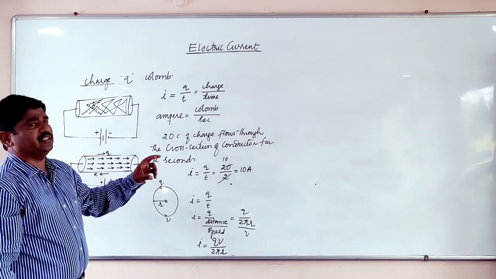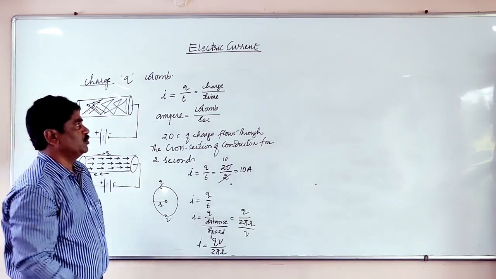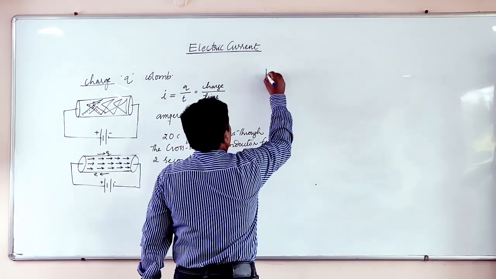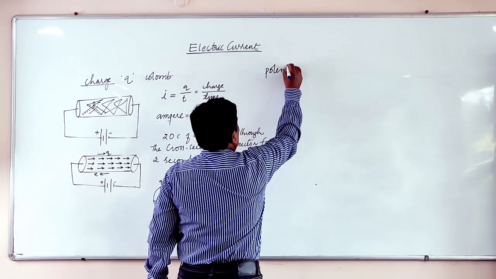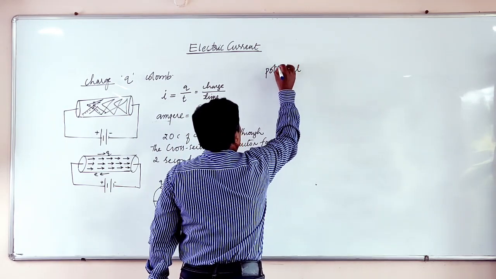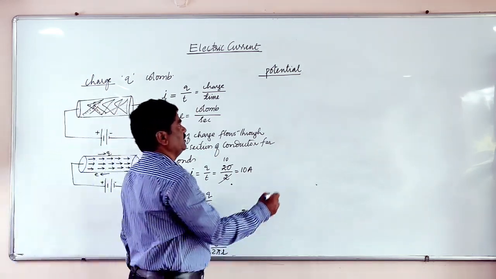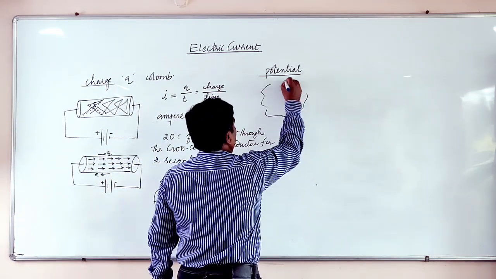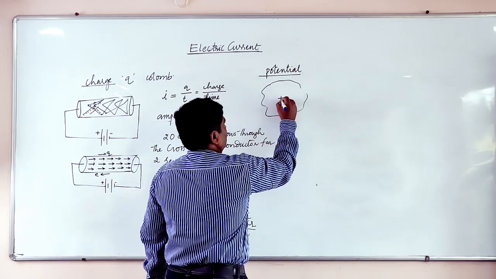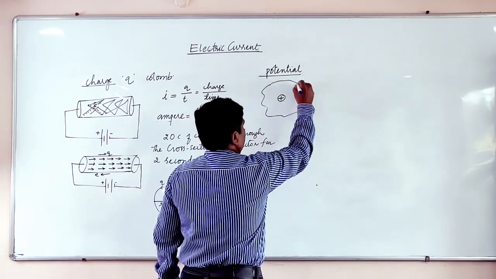Now, how does this electric current flow? For that, you have to know about potential. What is potential? For example, imagine a positive charge Q producing an electric field.